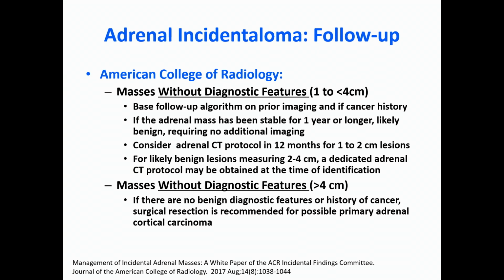And for lesions which are most likely benign, if they're in the 2 to 4 centimeter category, you may want to consider a dedicated adrenal CT protocol. If the mass is without diagnostic features and it's over 4 centimeters, they would suggest surgical resection because of the possibility that it could be an adrenal cortical carcinoma.